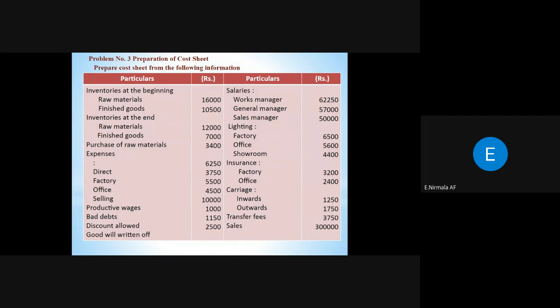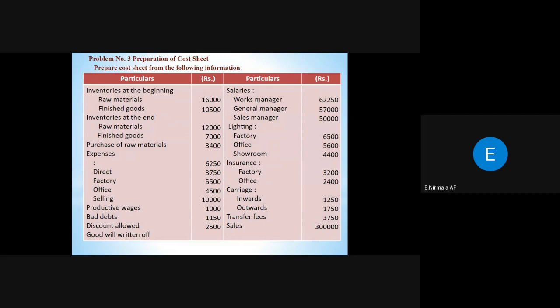And we have purchase of raw material, and we have direct expenses, factory, office, selling, and productive wages, bad debts, discount allowed, goodwill written off, and then salaries, which is related to factory, office, and selling and distribution overhead, lighting, which is related to factory, office, and selling and distribution. And here we have factory insurance, office insurance, and then we have carriage inward, carriage outward, transfer fees, and sales.